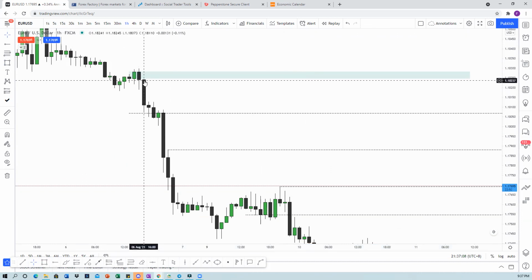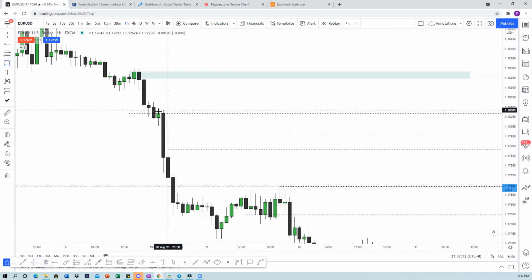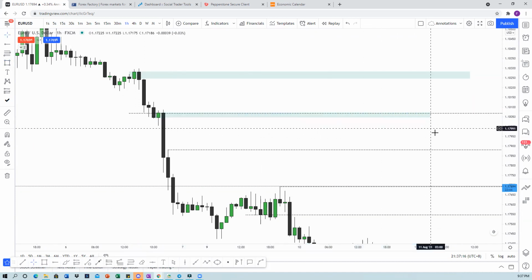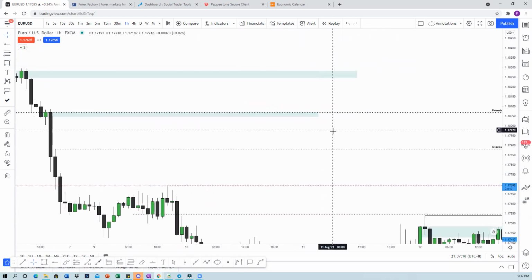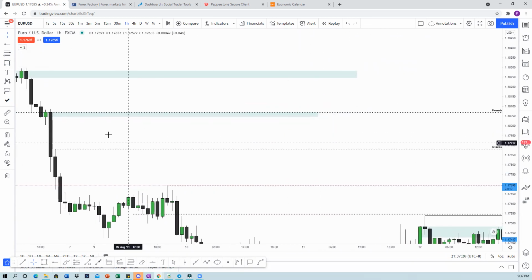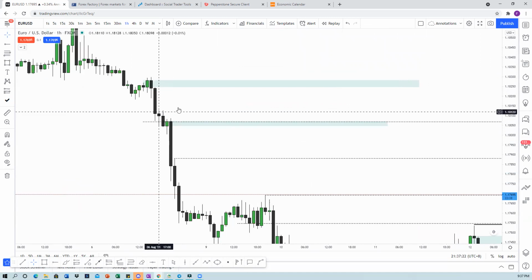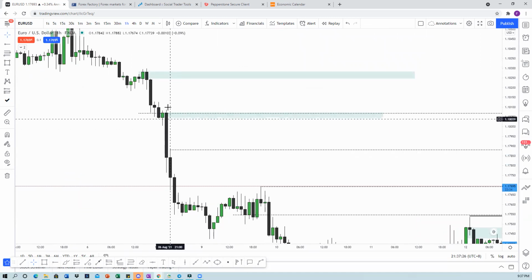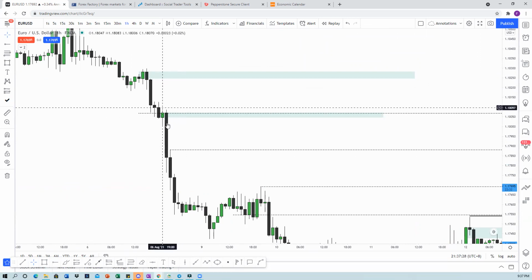See, this one never really came into the body, so something like this and something like this. That's what I would consider as a proper valid order block. And yes, it would be helpful if there's a liquidity void as well. It would be very helpful if there is a liquidity void as well.